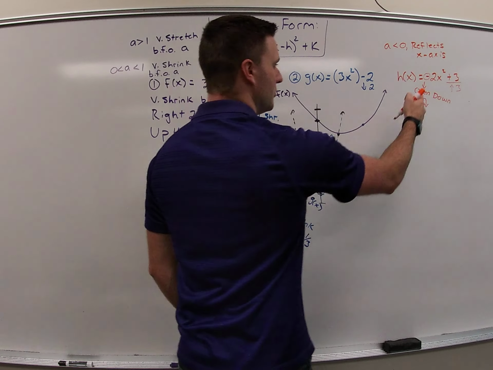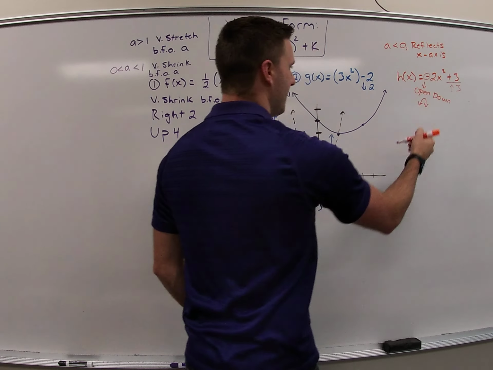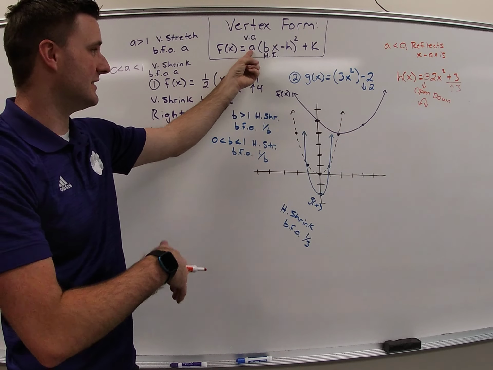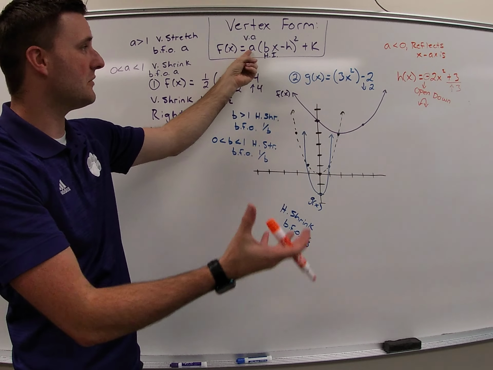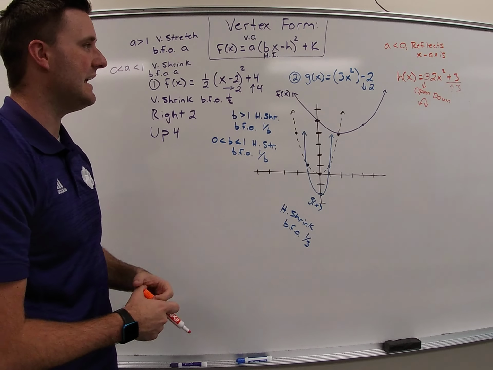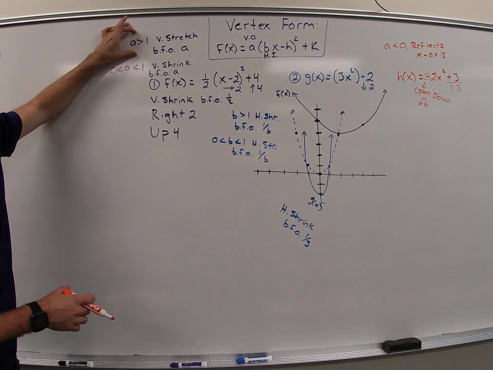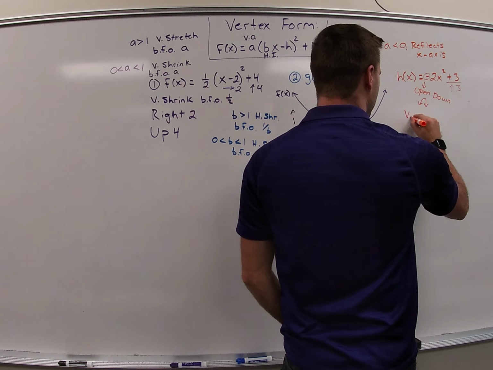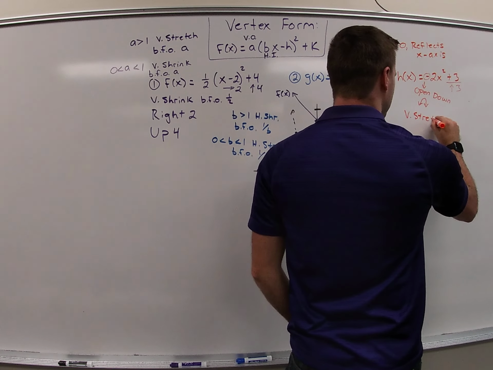And then this 2, we're ignoring the negative now, but this 2, that is a because it's on the outside of our function and it's attached to our x squared. So because it's on the outside of the parentheses, we don't have parentheses, so you assume outside. A is 2, well 2 is a number greater than 1. So this is a vertical stretch.